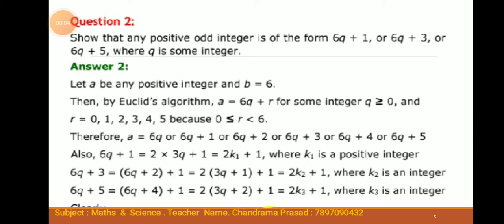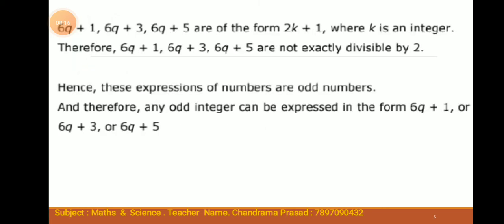It means that in these three cases the remainder is 1. Therefore, these cannot be divided by 2. It means the given numbers 6q + 1, 6q + 3 and 6q + 5 are not in the form 2k, where k is an integer.